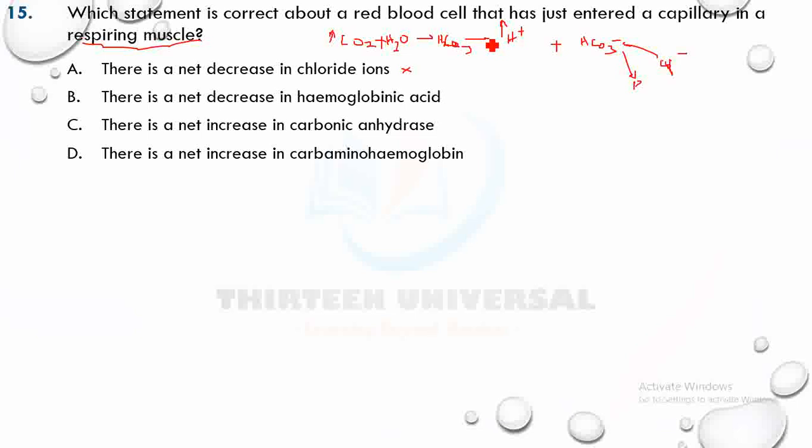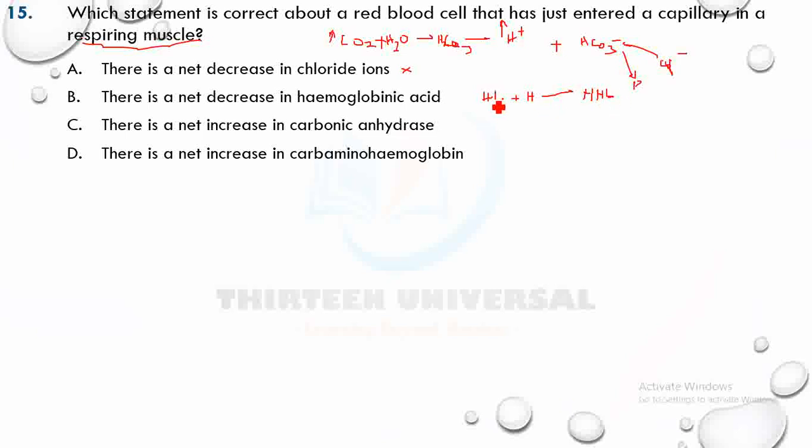So if you increase CO2, you're going to increase this. And once you have more hydrogen ions, the hydrogen ions will combine more with hemoglobin to form hemoglobinic acid. So it's going to lead to an increase in hemoglobinic acid, because an increase in CO2 concentration causes an increase in hydrogen ion concentration.